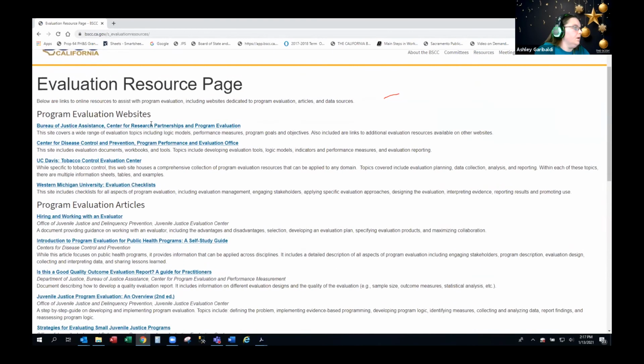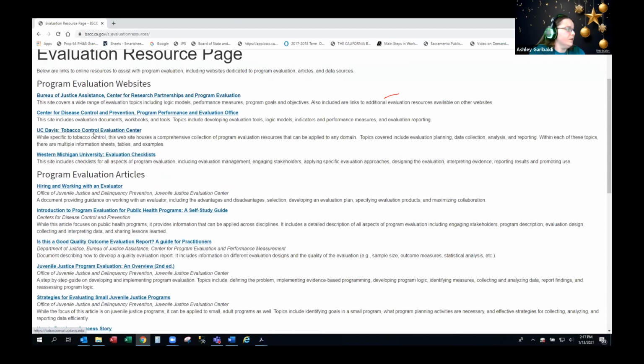And our research unit spent a lot of time and effort putting these resources here because we think that they're super valuable to what you may need in the future or immediately. There's a lot of good information out there. So for program evaluation websites, this even talks about UC Davis, Western Michigan, the CDC, and Bureau of Justice Assistance.